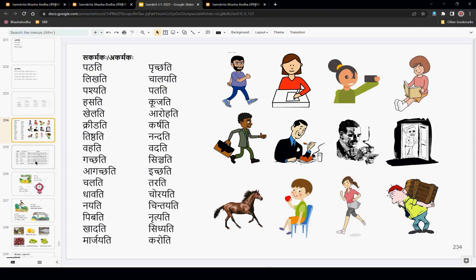So how is it used? We have seen the examples before. Aham mitrena milami. So we are using the Vibhakti Tritiya, correct. Mitrena saha milami. Saha is optional, but to make it clear, you can use saha. So I am meeting with.